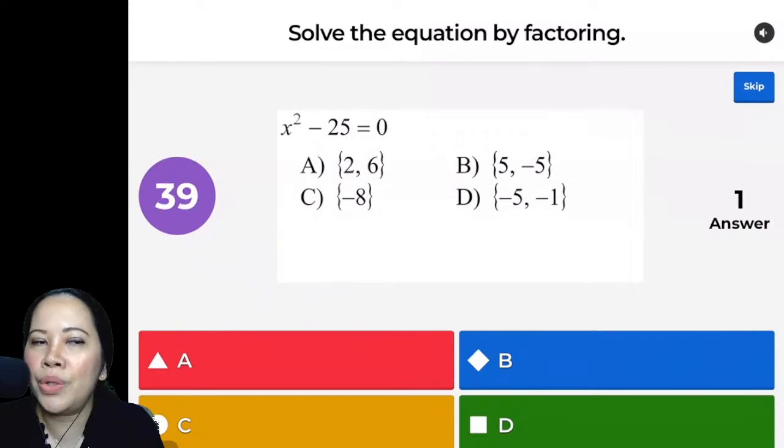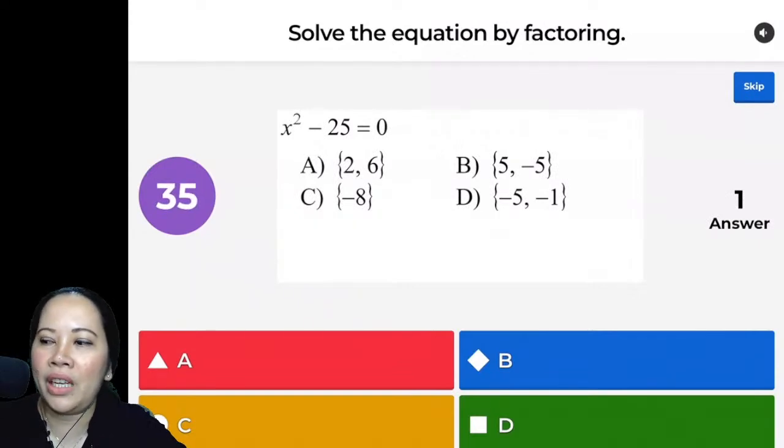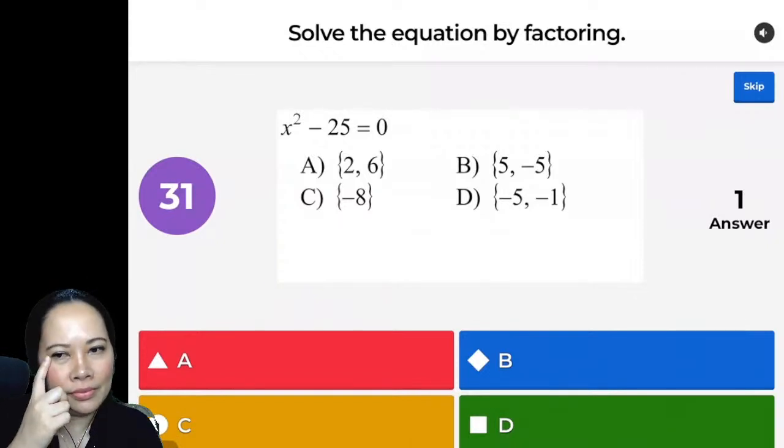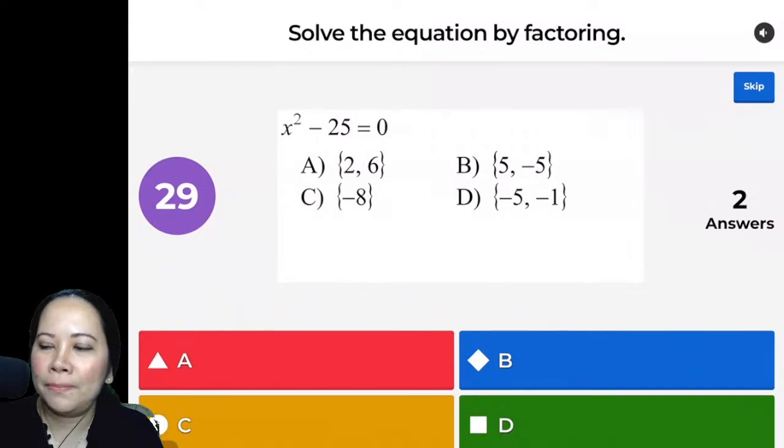What is the root of 25? That's the only thing that you have to think of. So what will be the values of x?